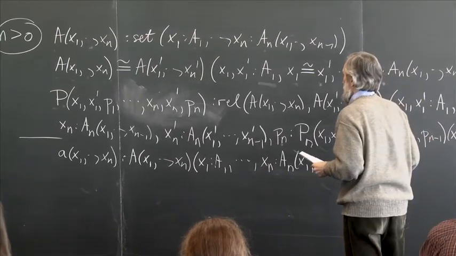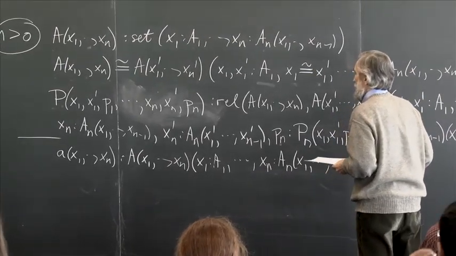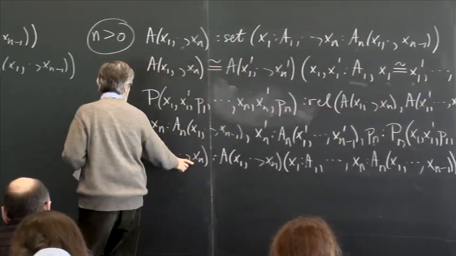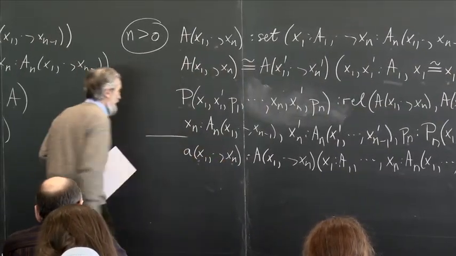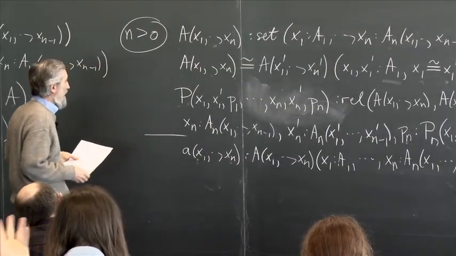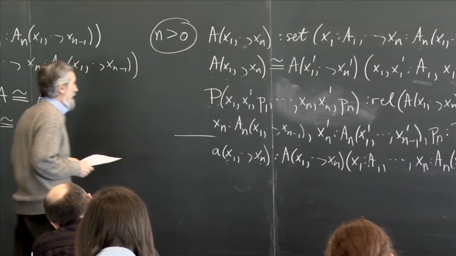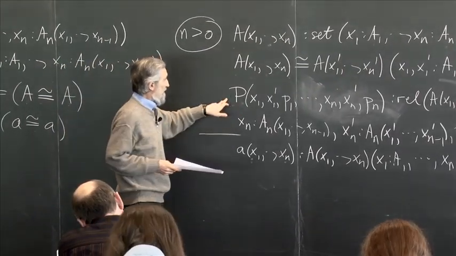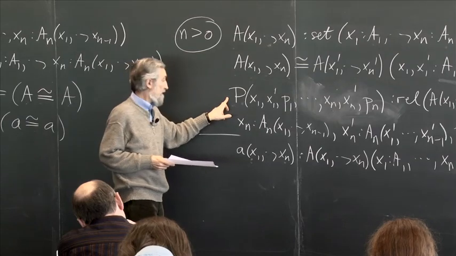And this is relation invariant if when we change the arguments to some other arguments, x1 prime up to xn prime, the two are related with respect to the relation that we have here.